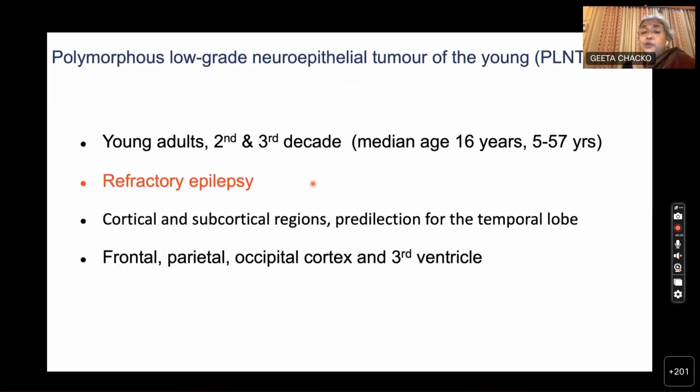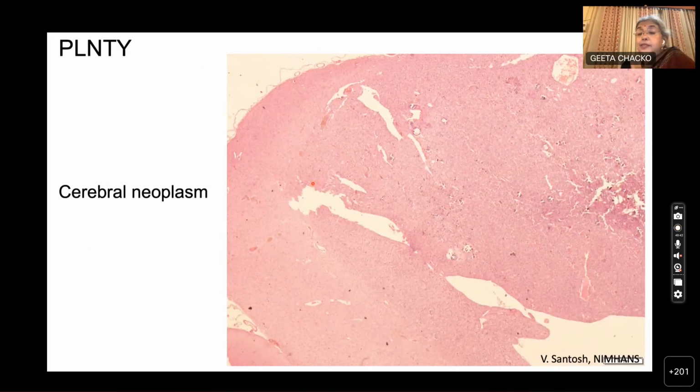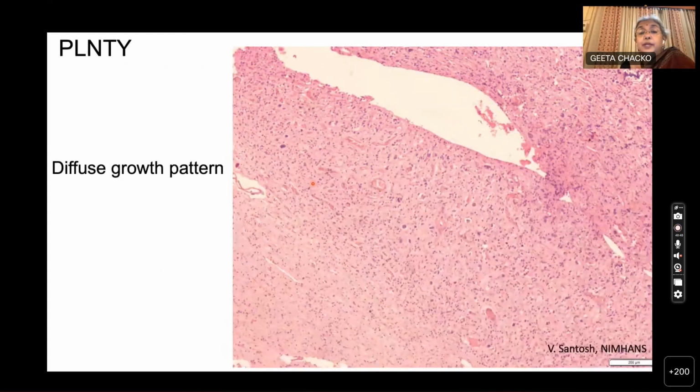So the clues are this long-standing epilepsy, young adult or young children, median age is 16 years, our patient was 15, usually in a cortical location. This is another case which I had got from Dr. Vani, where you can see the tumor in the cortex.